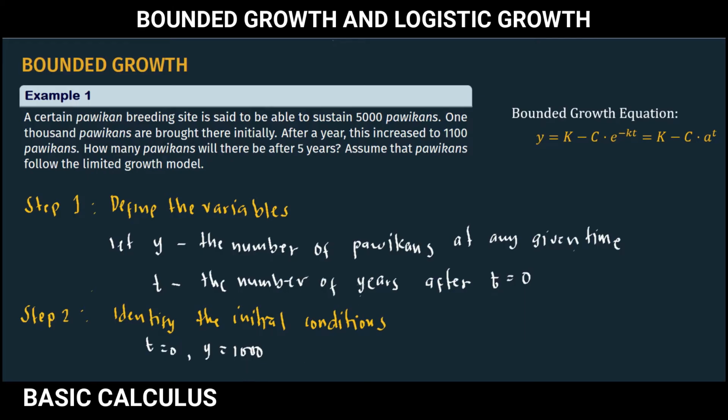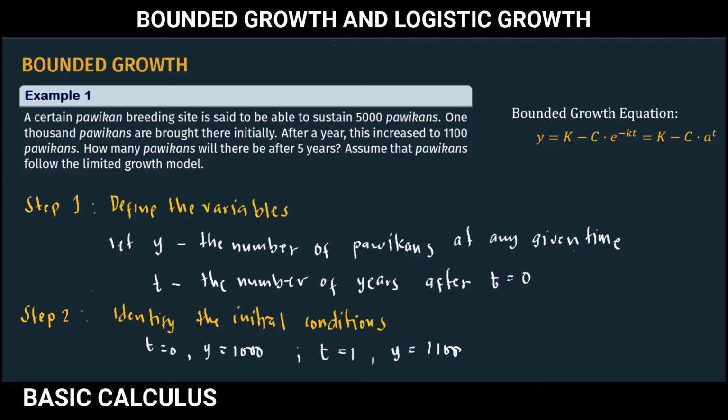And then the second is that, since it is after a year, at t is equal to 1, the number of pewees increased to 1,100. So our y is equal to 1,100.